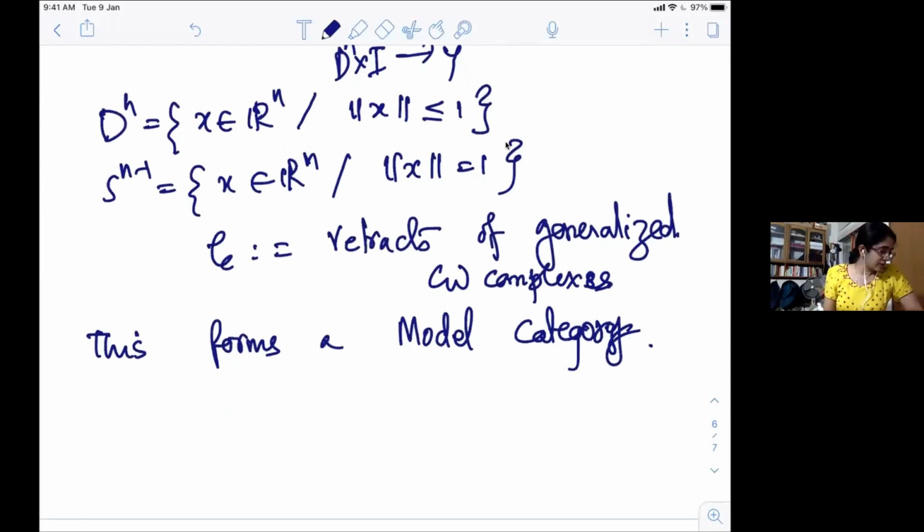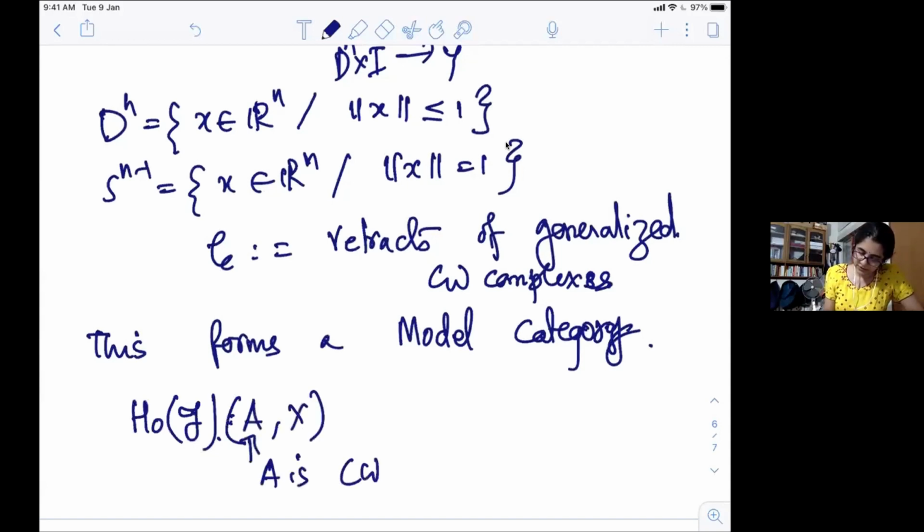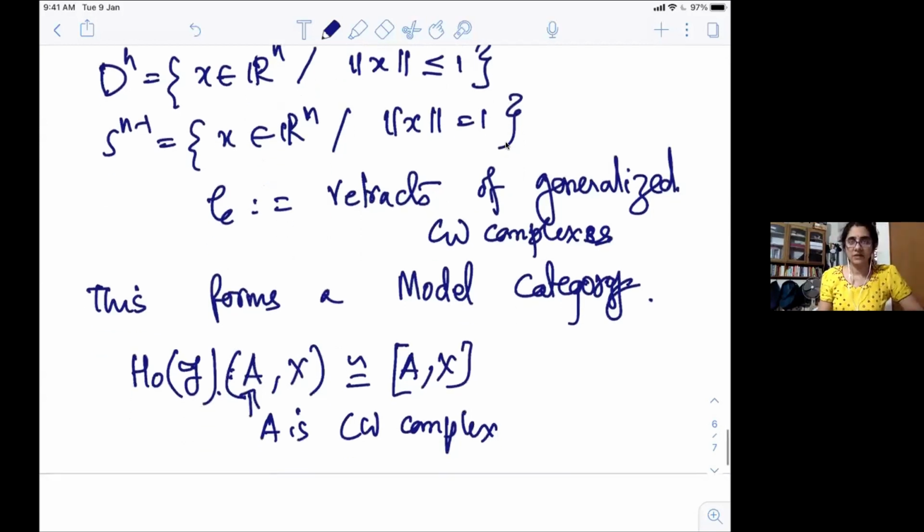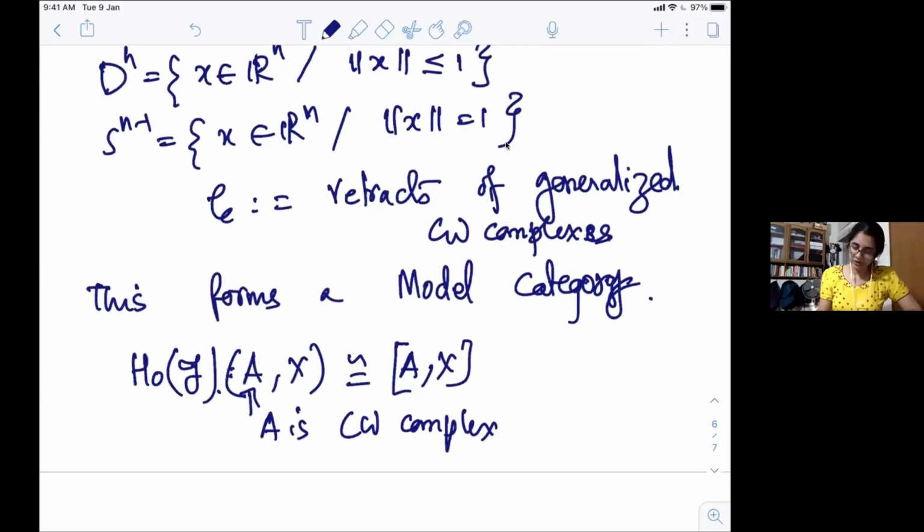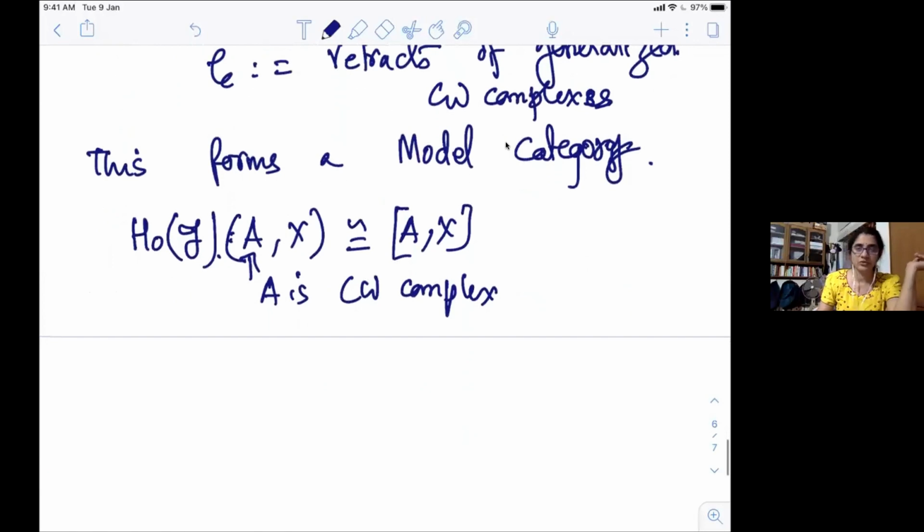The nice thing about it is that in this homotopy category of topological spaces, if I look at maps from A to X, where A is a CW complex, it's in bijection with the set of homotopy classes of maps from A to X. In this model, every space will be homotopy equivalent, or weakly equivalent, to a CW complex, which is the structure we want to work with all the time.